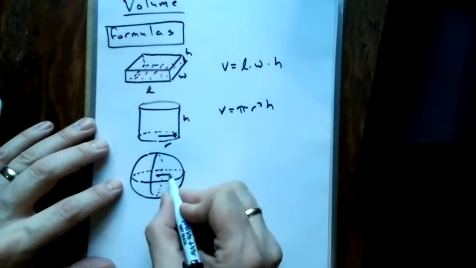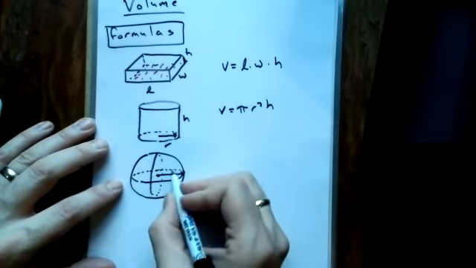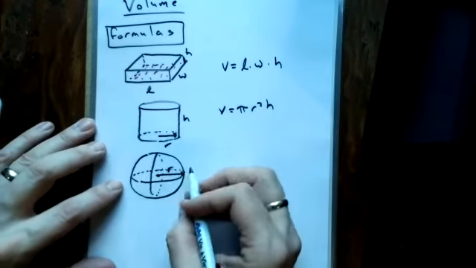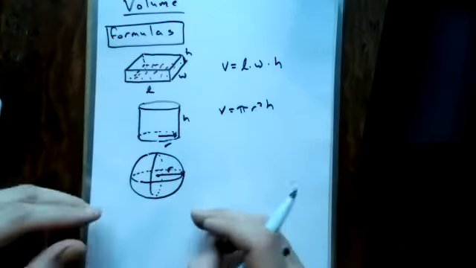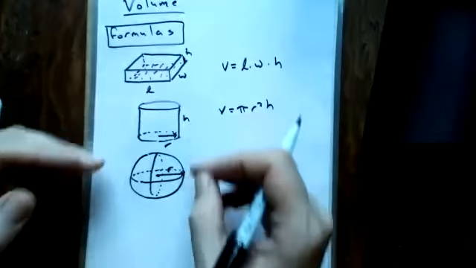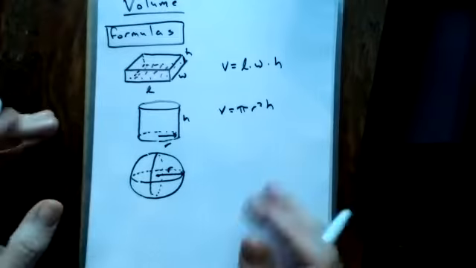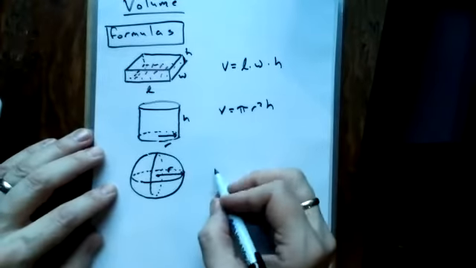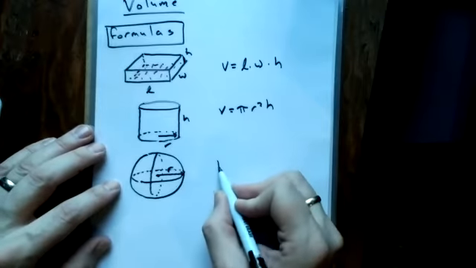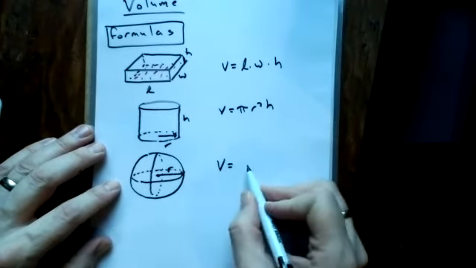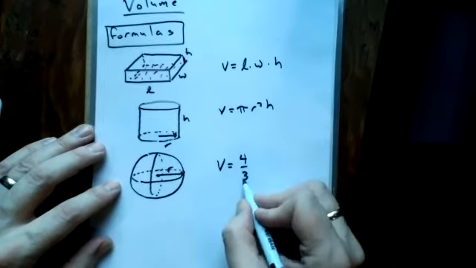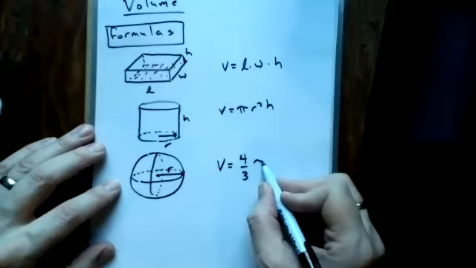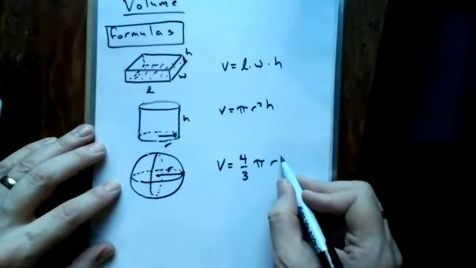And again, this will have a radius. The radius is just the distance from the center to anywhere on the surface of that sphere. Now this one is a little bit different because it's not just a single thing up here. It would take me a long time to explain where this formula comes from, so I'll just give you what the formula is. The volume of a sphere is 4/3 times pi times the radius cubed.